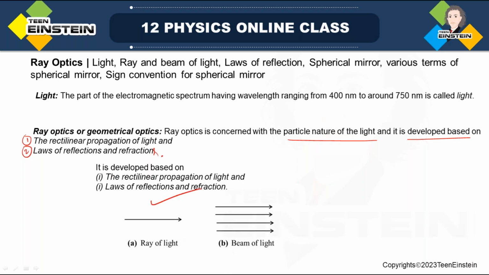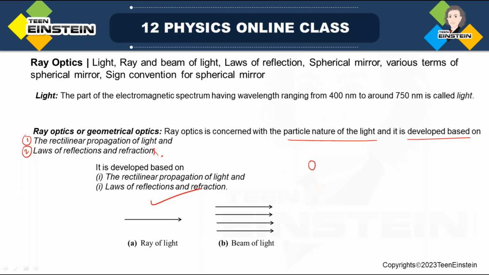All right, now as we are saying that we are going to learn ray optics, we have to understand what a ray is. As we said, rectilinear propagation of light. This ray optics is based on the particle nature or corpuscular nature.